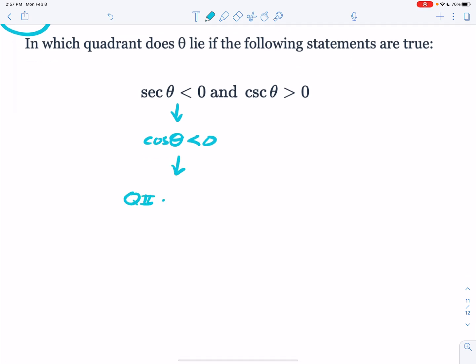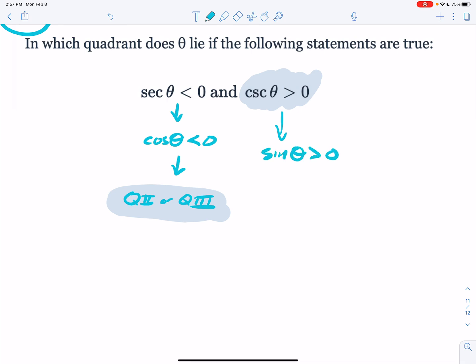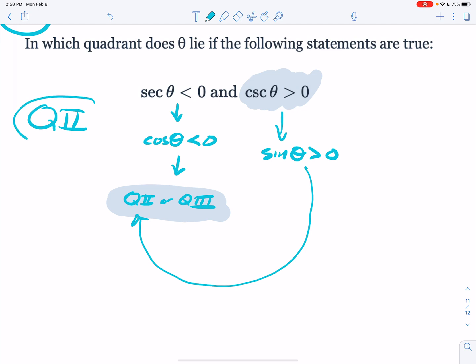Quadrants 2 or quadrants 3. So we narrowed it down to 2 from 4. So we got to narrow it down a little bit more. We know that cosecant has to be greater than 0. Or in other words, cosecant has to be positive. But if cosecant is positive, then so is sine, because that's the reciprocal. And sine can only be positive in quadrant 2 in this case. So it's quadrant 2.